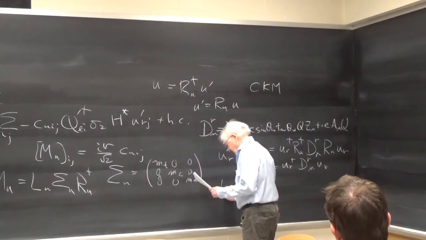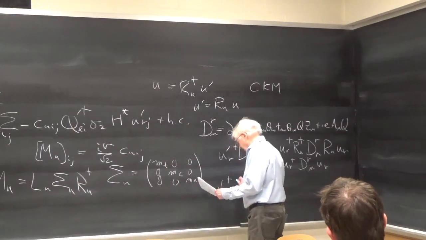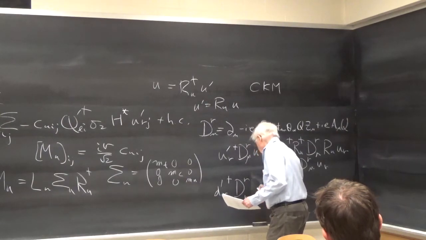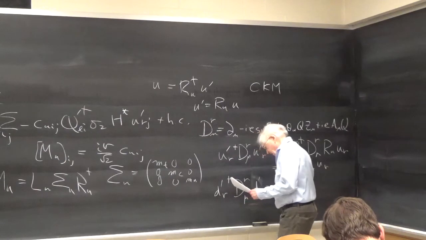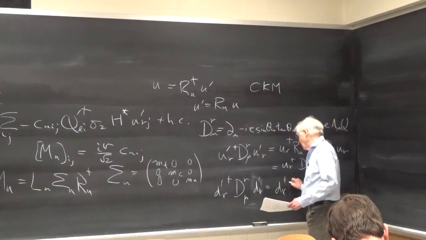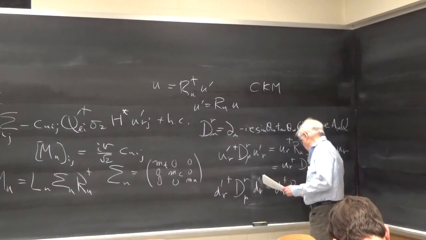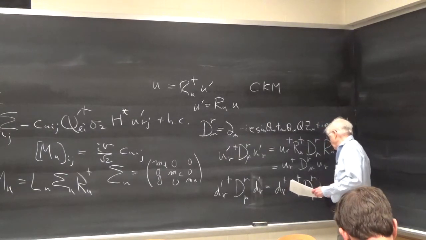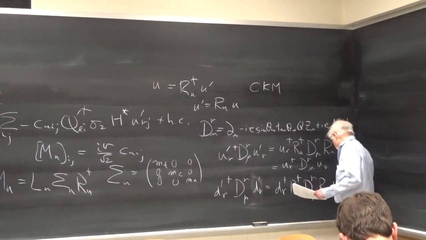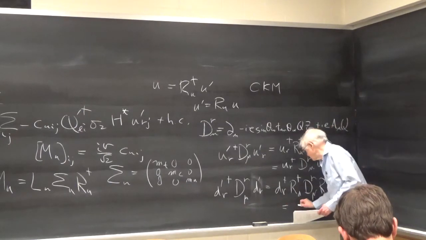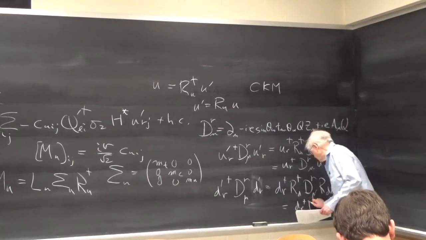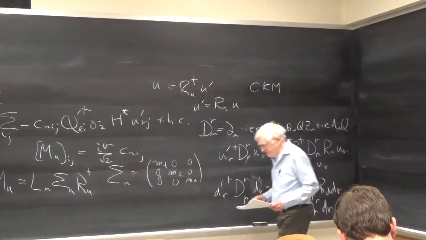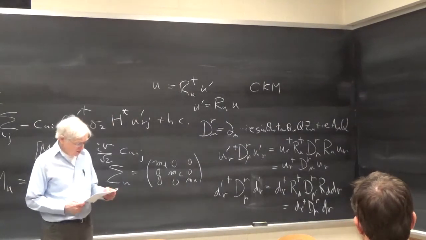Similarly, d prime, the down flavor quarks, dagger D_R mu d prime right, this is d right dagger R down dagger D_R mu R down, mass eigenstates, and then this is just d right dagger D_R mu d right. So for the Z and the photon, there's no issue.